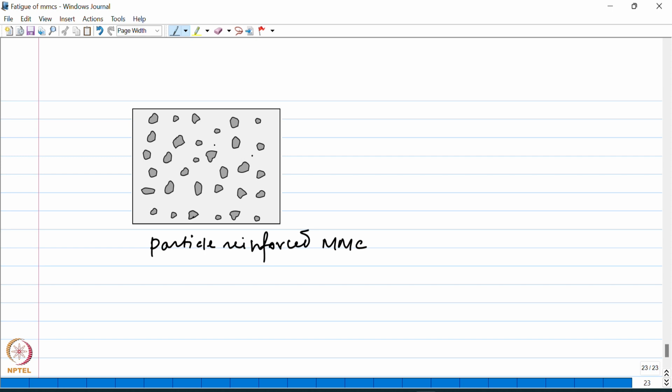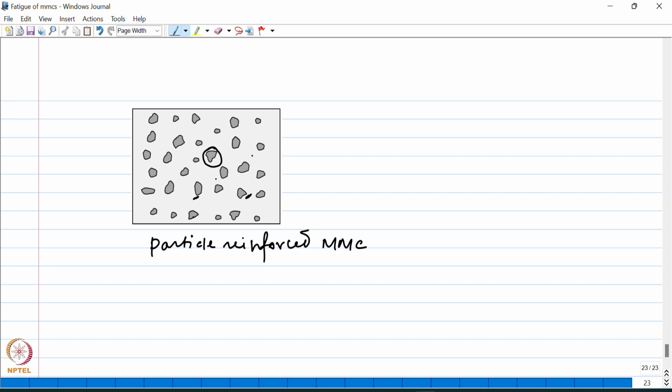Now if you take a close look at the particles, you would see that there are corners or sharp edges. For example, if you see this particle, you can see sharp corners, right? So areas like that will be the sites for crack initiation, because those would be the areas where there could be stress intensification. So the crack would tend to initiate near the poles or corners of the particles like these sites.